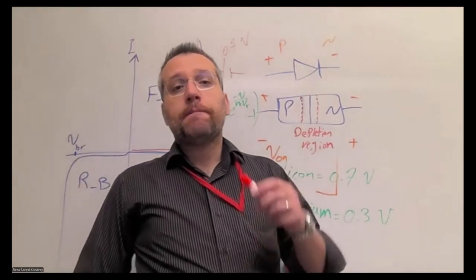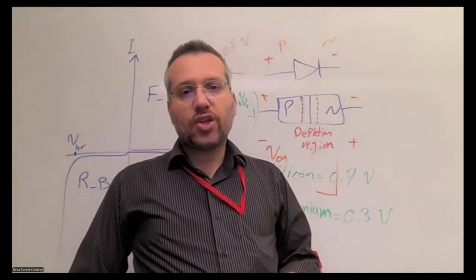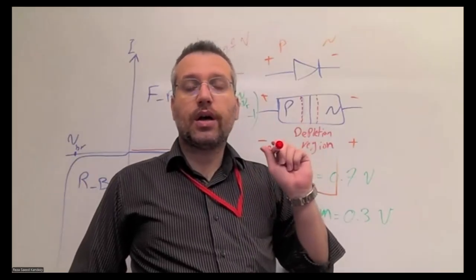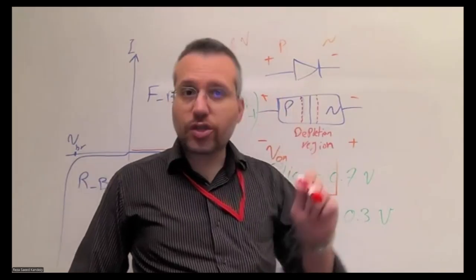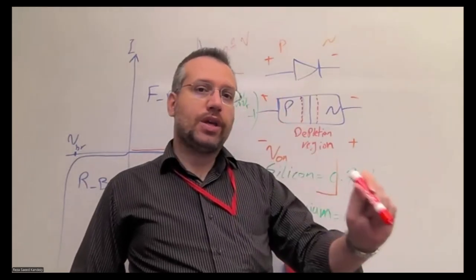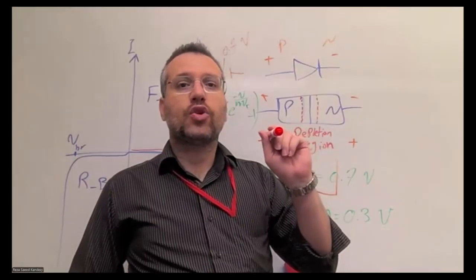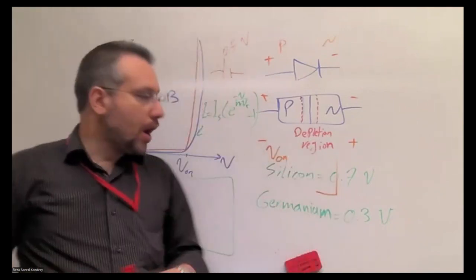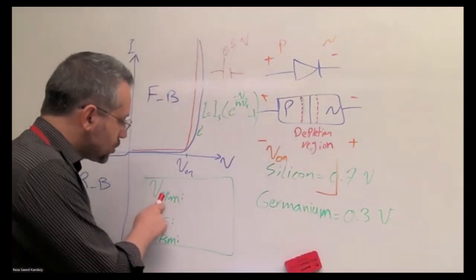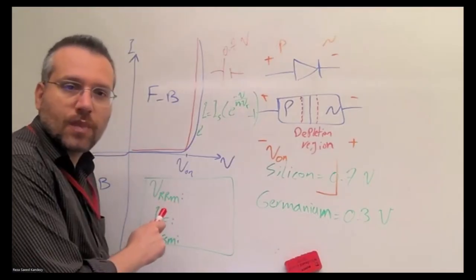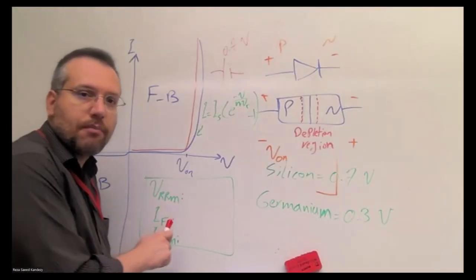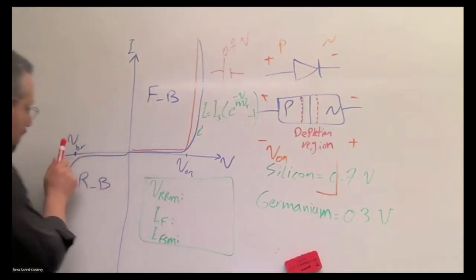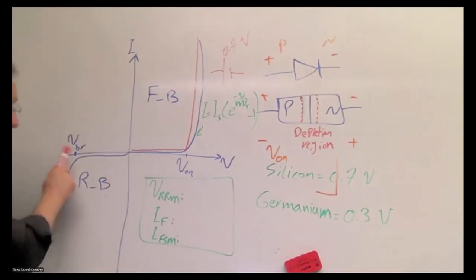Now, there are several important pieces of data in the datasheet that you always need to pay attention to, and they are actually what make your design calibrated. One is the voltage VRRM, which is the maximum reverse voltage, the breakdown voltage.